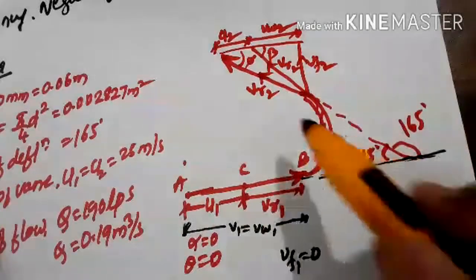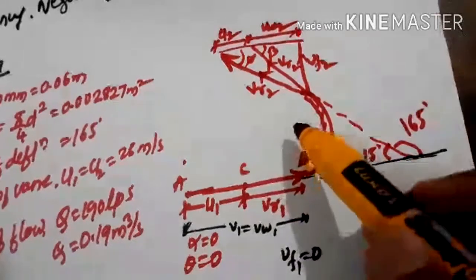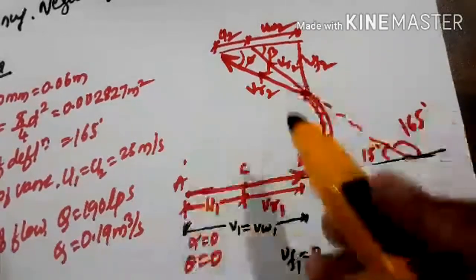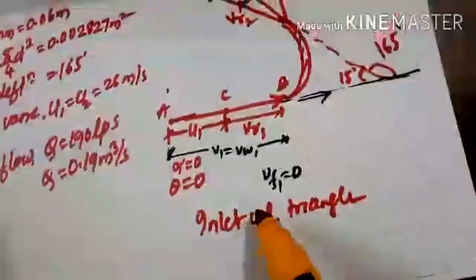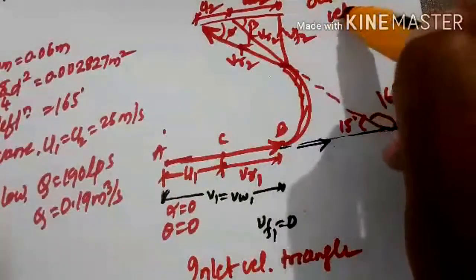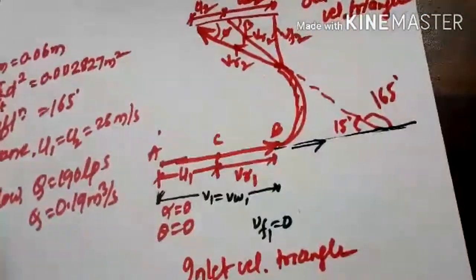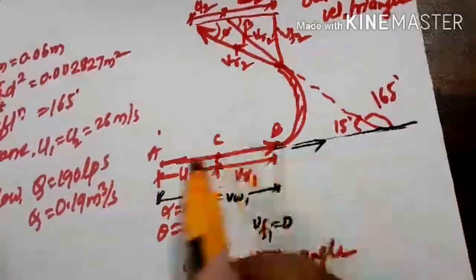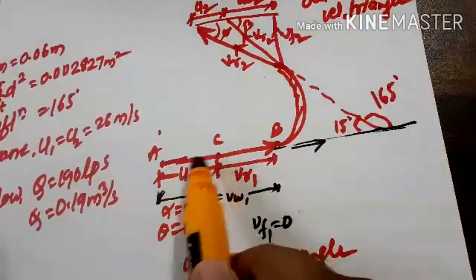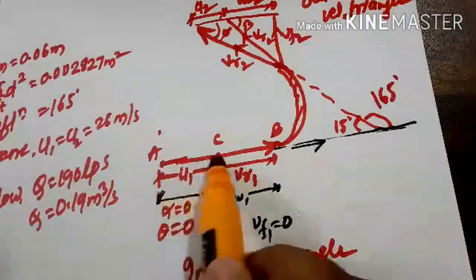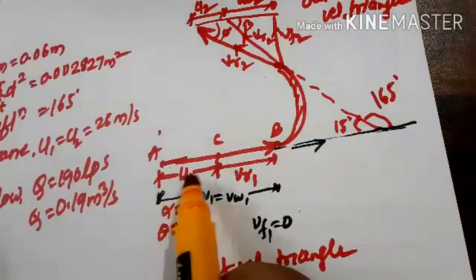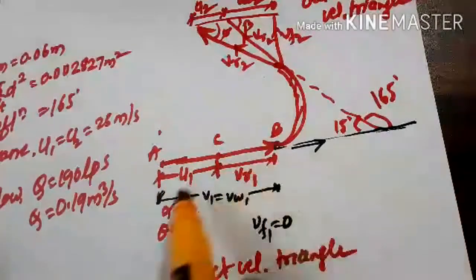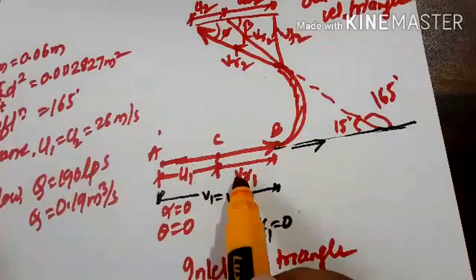Once you have drawn the velocity triangles at inlet and at outlet, this is the inlet velocity triangle and this is the outlet velocity triangle. The inlet velocity triangle will be a straight line, where AC represents the velocity of vane, CB represents the relative velocity, and AB represents the absolute velocity.